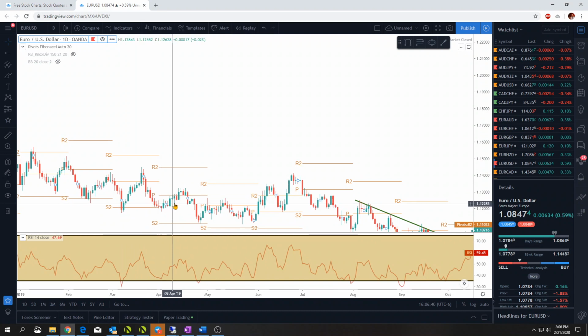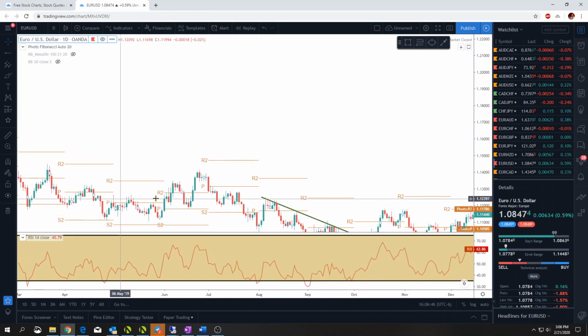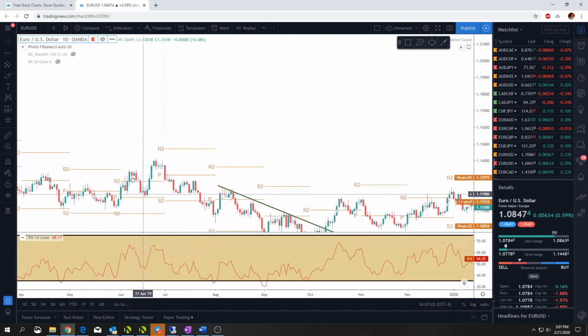Came and touched it again and came back up. So we'll call that 5, 6. Hit R2. You went through a little hell, so we won't count that one. So 6 out of 7. This one touched the pivot and continued. We'll talk about that later. So 6 out of 7 are winners.